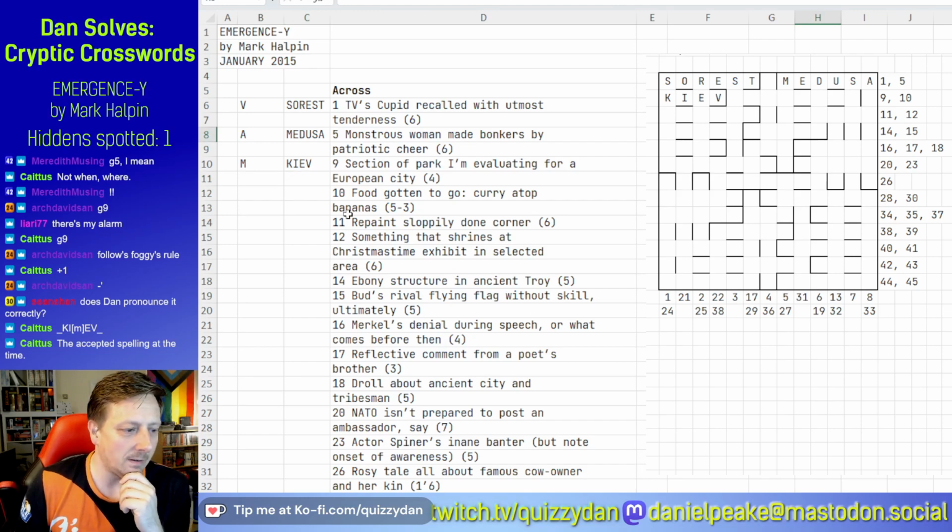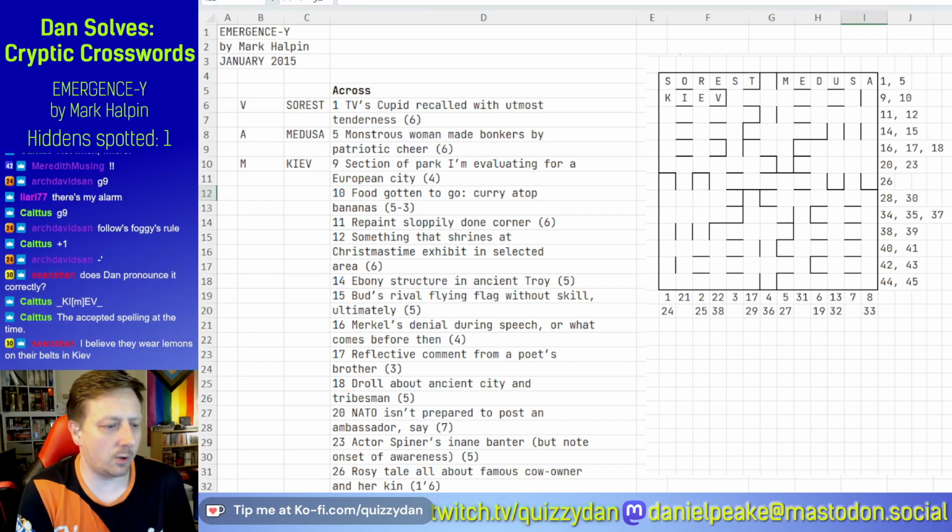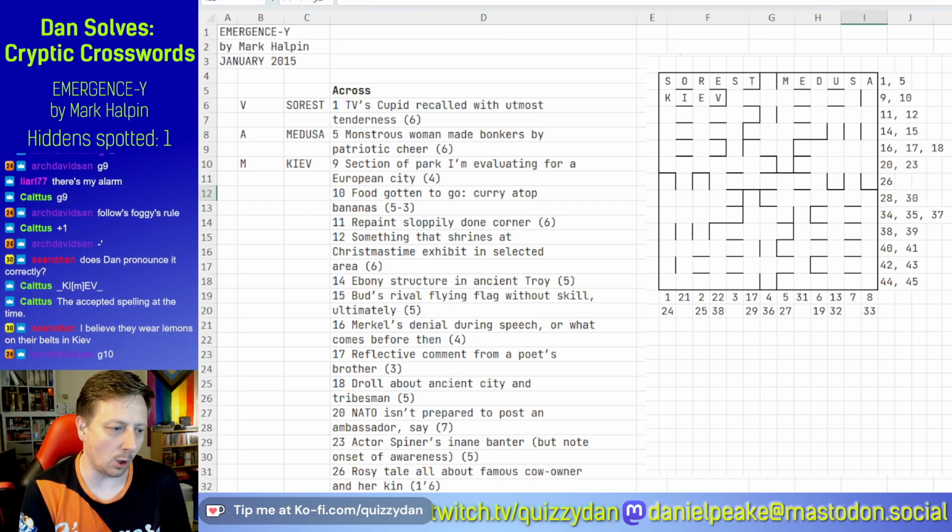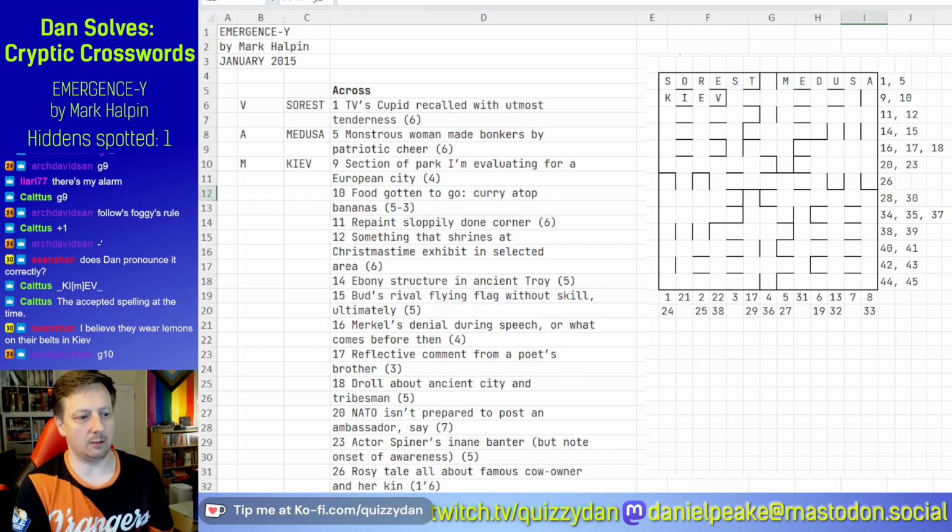Food, gotten to go, curry atop bananas. Okay, feels like an anagram of curry atop, because then bananas would be an anagram indicator. And it would be a food that you get to go.